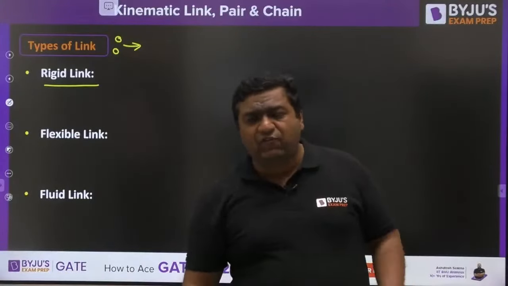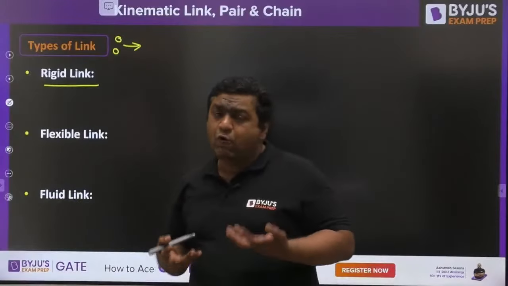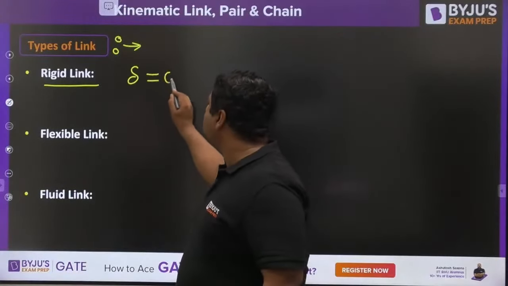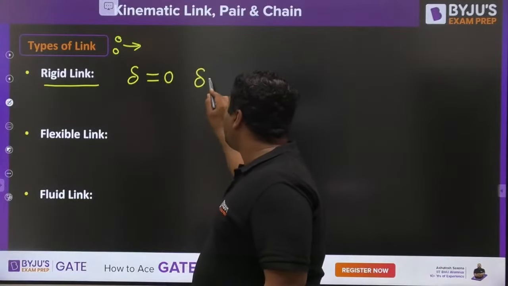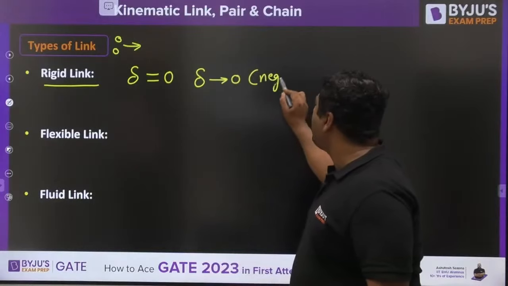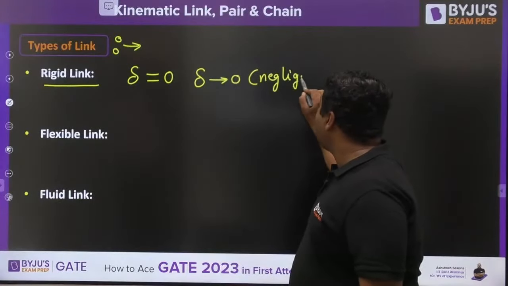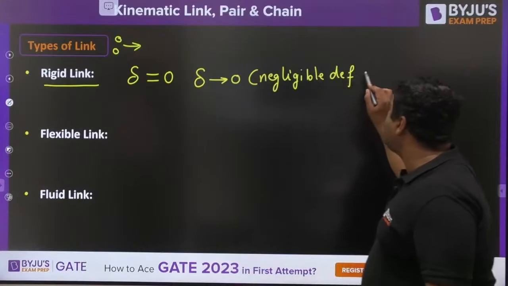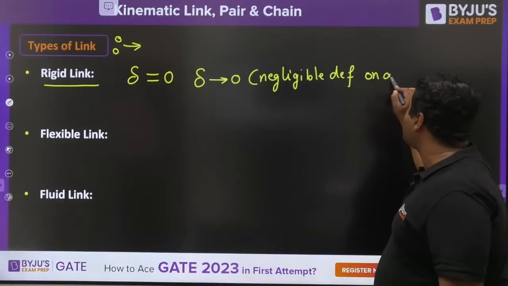If we have a link for which deformations are either equal to 0 or tending to 0, meaning negligible deformation on application of forces.